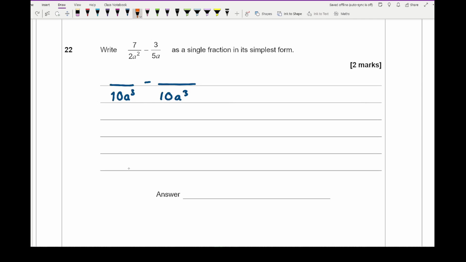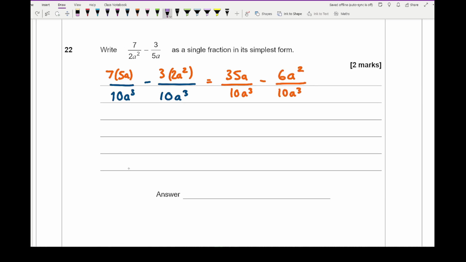Now to do that, what I've done is I've multiplied the first fraction by the second denominator, and I've multiplied the second fraction by the first denominator, and that's what I should get there. Now if I simplify the two numerators, I'm going to get 35a over 10a cubed minus 6a squared over 10a cubed.